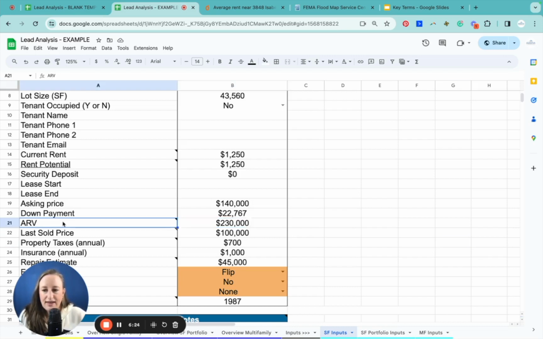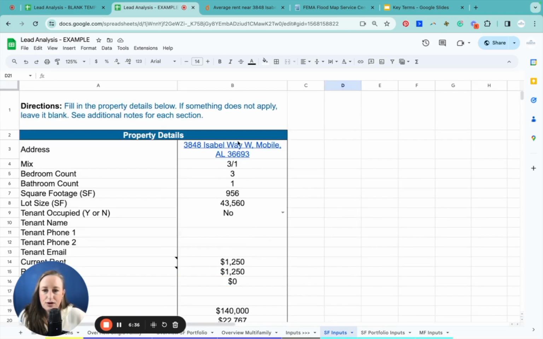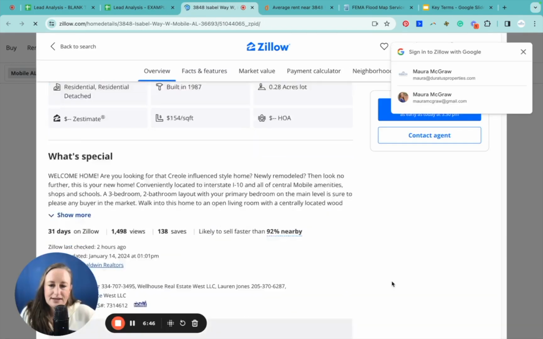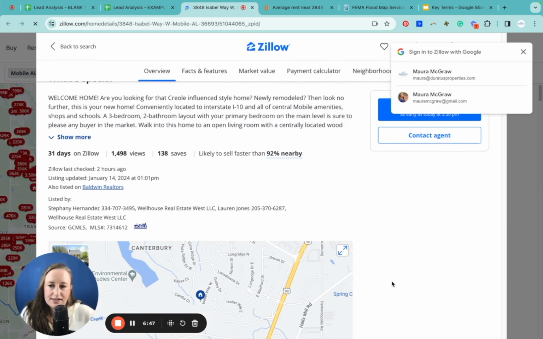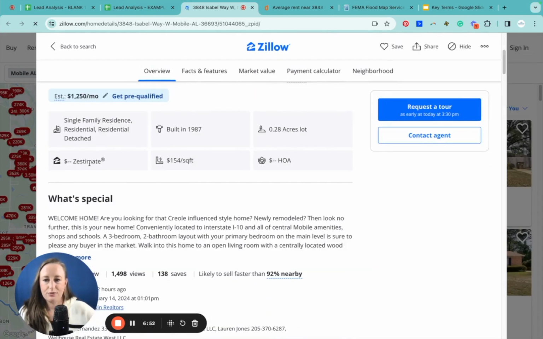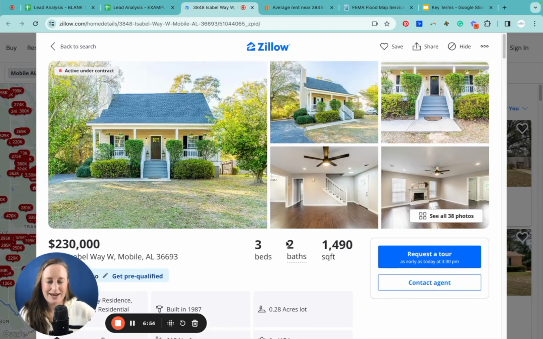If you don't have that, it's totally fine to use a publicly available source like Zillow or Redfin to find your estimate of how much this property is worth. You can simply go on Zillow and look at the Zestimate. Oh, I see they've taken a lot of these down for listings now. So a lot of the sites have now removed the Zestimate.